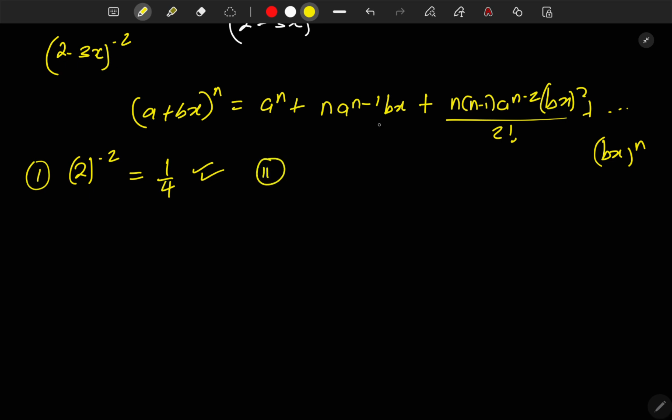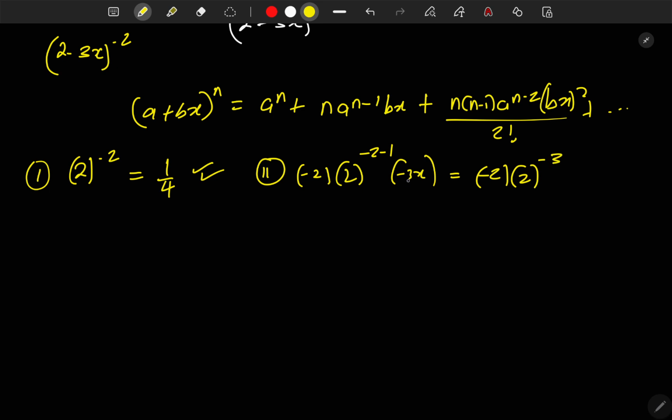The next term involves n, a to the power n minus 1, then bx. In this case, our bx is negative 3x. Our n is still negative 2, our a is 2, and the power is negative 2 minus 1. Evaluating this, we get negative 2, 2 to the power negative 3, and negative 3x.